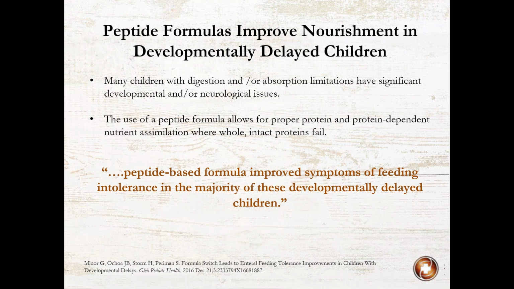And usually the feeding intolerances are a result of their gastrointestinal dysmotility that can be from the esophagus, that can be delayed gastric emptying, and of course, intestinal dysmotility. So we overall saw that there was an improvement in feeding intolerance, and therefore the use of peptide formula allows for proper protein and protein-dependent nutrient assimilation, where whole intact proteins fail or are not tolerated.